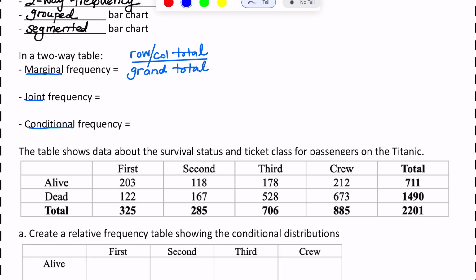So, for example, if I took this 711, which is a row total, and divide it by 2,201, which is the grand total, that would be considered a marginal frequency.